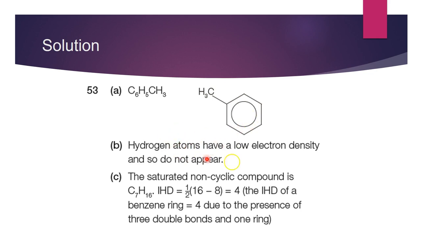The hydrogen atoms are the ones that we're not seeing because they have a low electron density, so they don't appear. And hopefully you can remember that the bond order of benzene is actually 4, or you can calculate it, and this is not going to change our bond order at all because it's fully saturated.